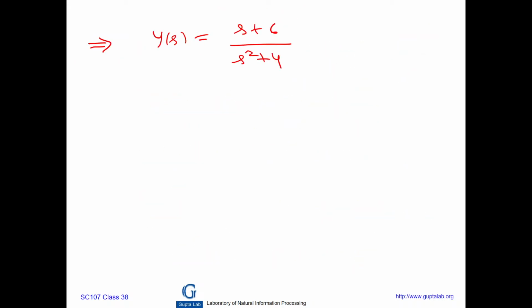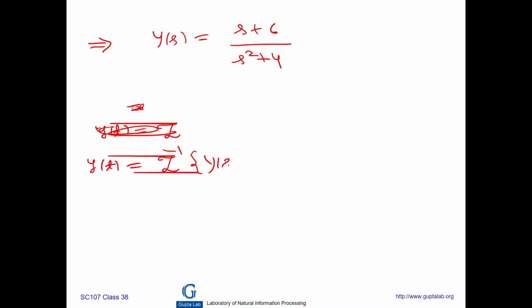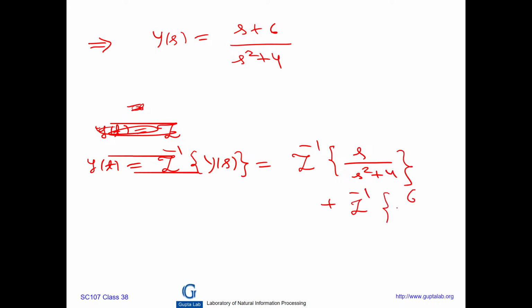So y of t is equal to the inverse Laplace transformation of capital Y of s, which is the inverse Laplace transformation of s divided by s square plus 4, plus the inverse Laplace transformation of 6 divided by s square plus 4.